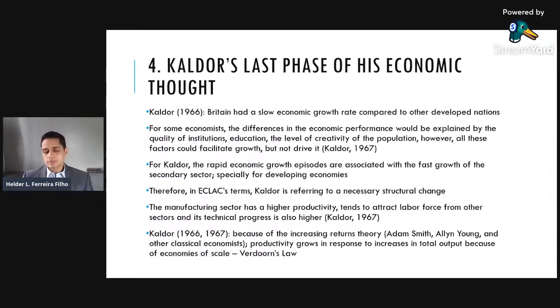A theory that was put forward by Smith, Allyn Young and other classical economists, as you know. Productivity grows in response to an increase in total output, because of economies of scale. That's what we call today Verdoorn's law.